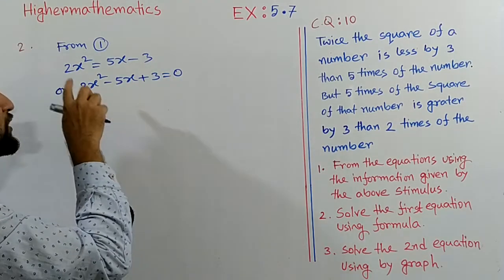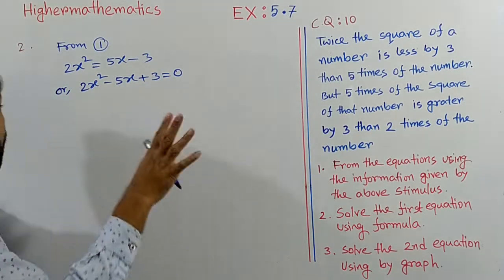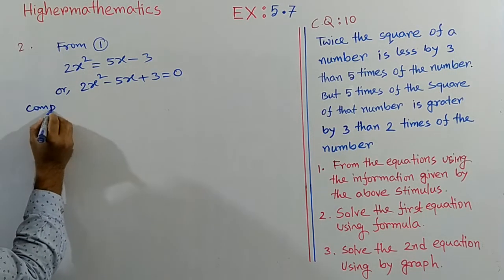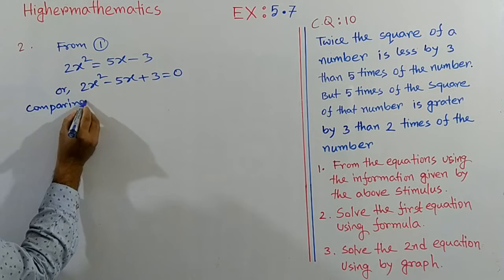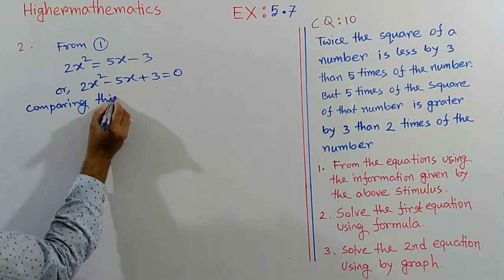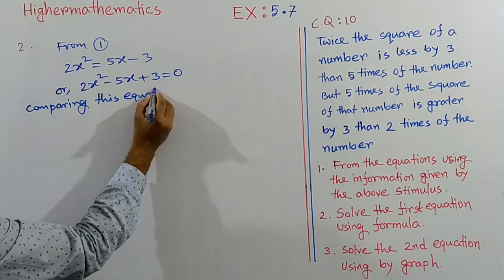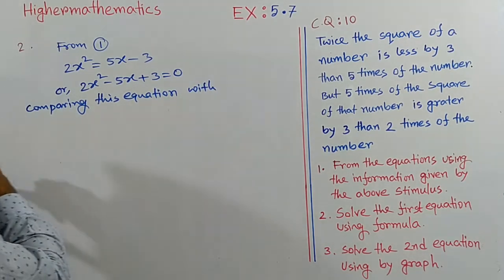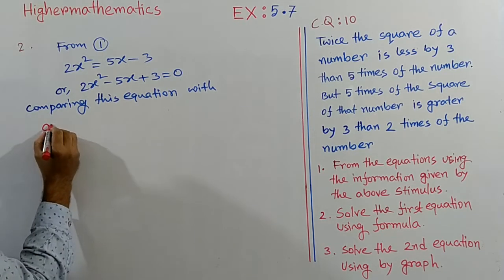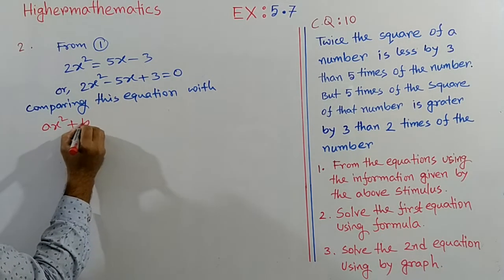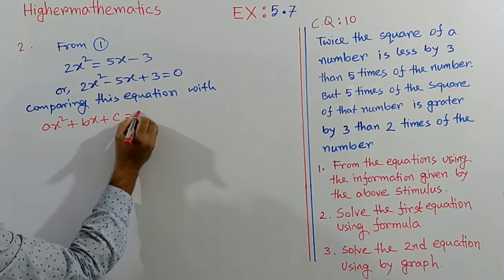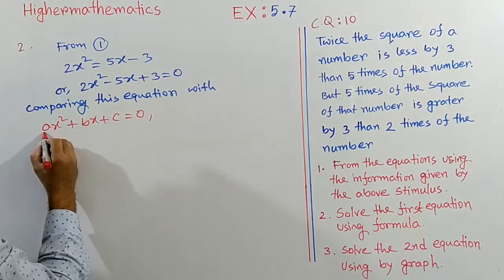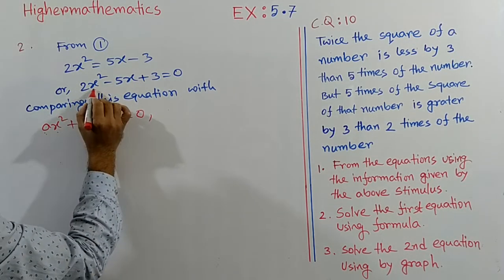Okay, now comparing this quadratic equation with the standard quadratic equation, ax square plus bx plus c equals 0. Here the coefficient of x square is a, and the coefficient of x square here is 2.